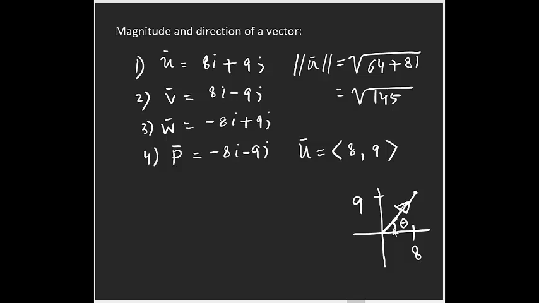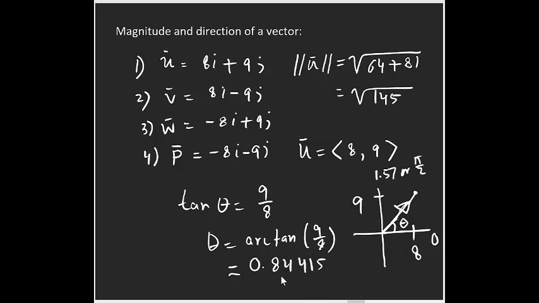So the angle between the vector with x-axis will be theta, and then we can find tan theta equals 9 over 8, rise over run, you know. So then theta will be arc tangent, or you can say tan inverse 9 over 8. So in this case, you are done. You can take a calculator and find the radian measure of this.